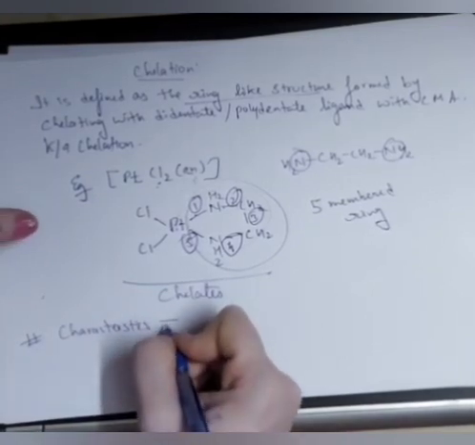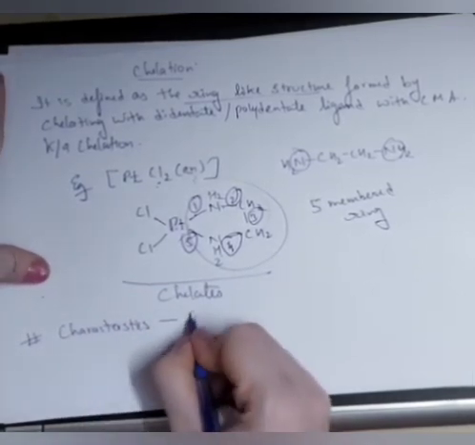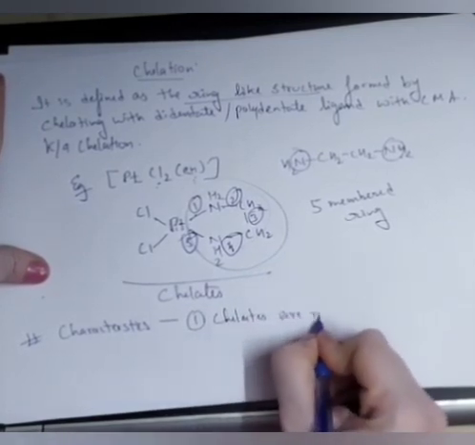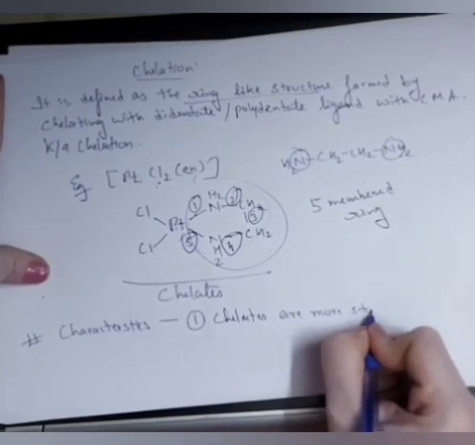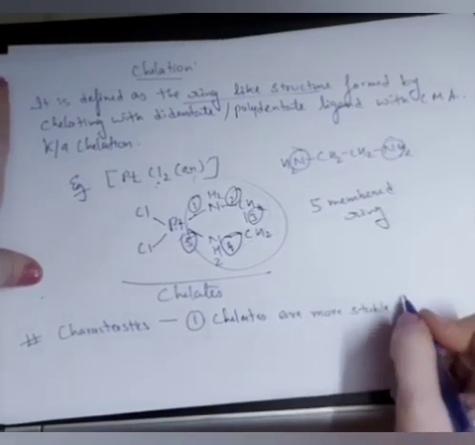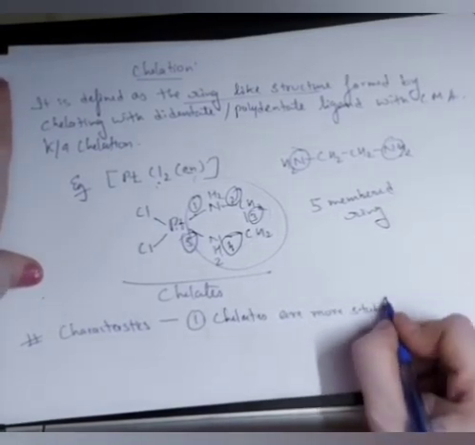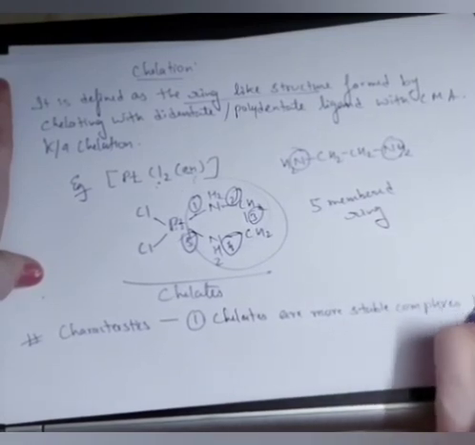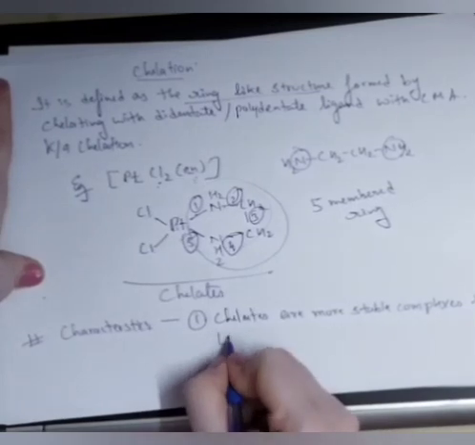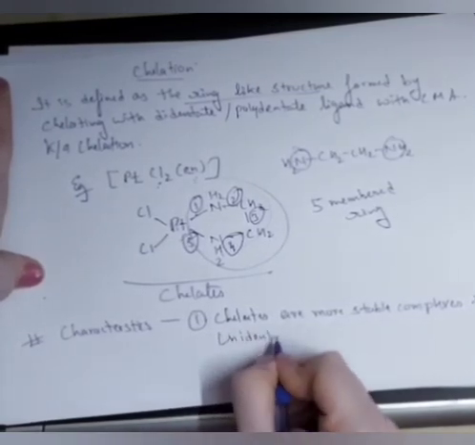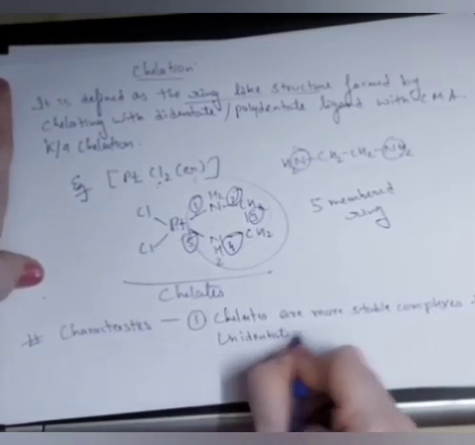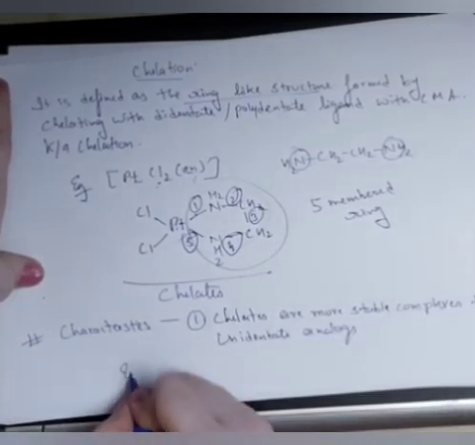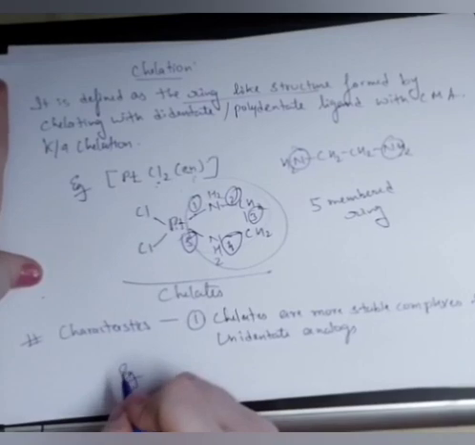The first characteristic is chelates are more stable complexes than unidentate analogues. For example, let's take one question here.